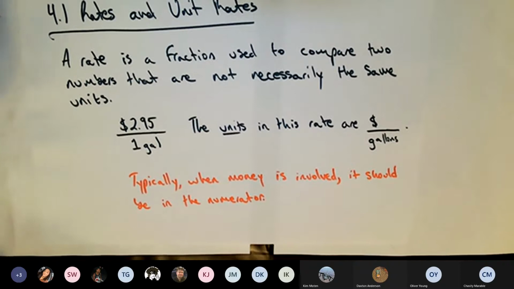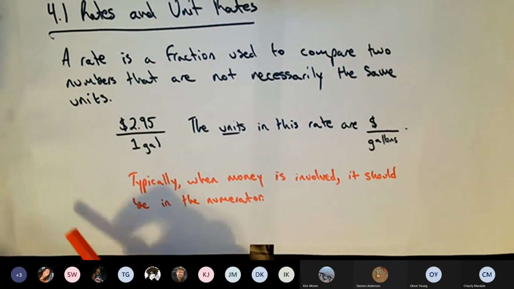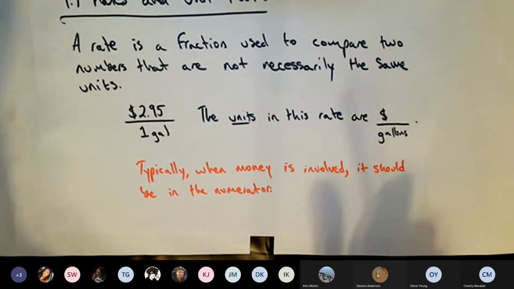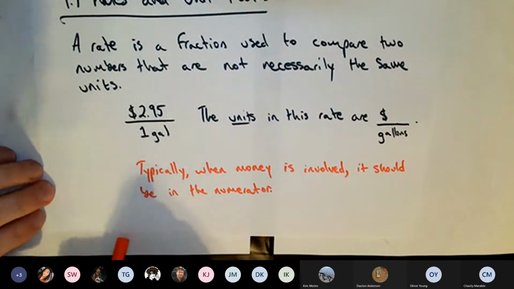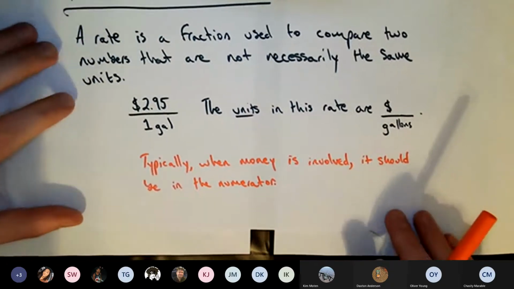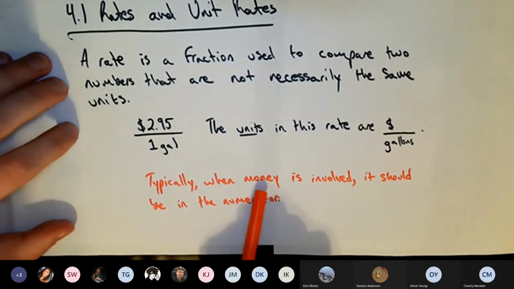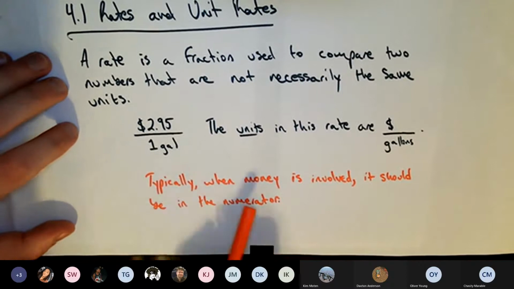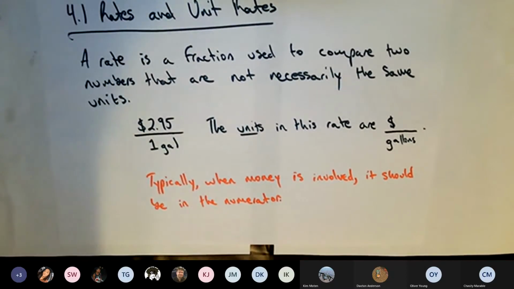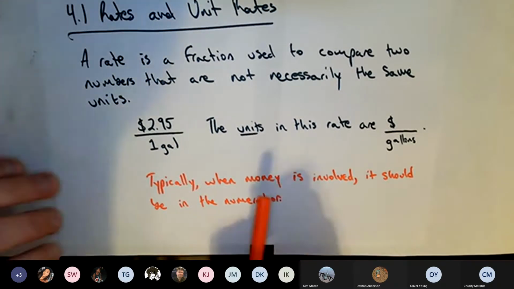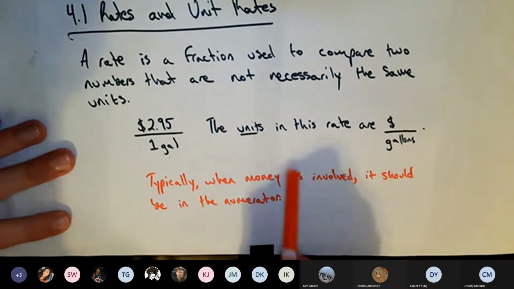That would mean the same thing here, but most of us are going to say it's $2.95 per gallon, right? This will make more sense with some problems later on. I'll point this out again, and you'll see what I mean, how it's much more natural for us to consider money being on top. And by the way, I'm saying money, not dollars, because I've looked at the homework, and we do have some examples that use the euro, just money that's not American dollars. That's why I'm being vague about money here.